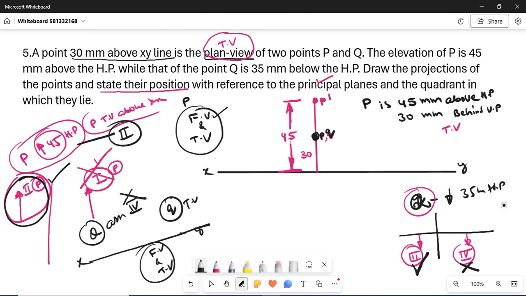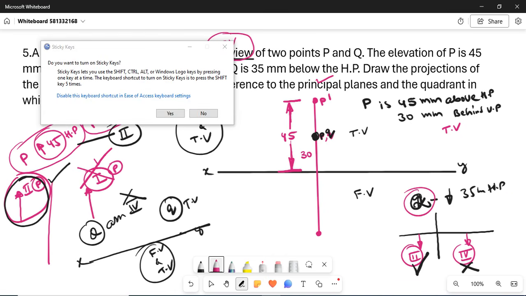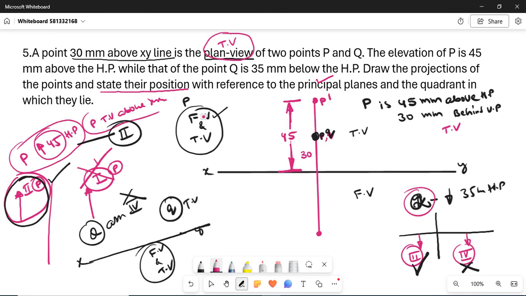Hence for the third quadrant, the Q top view is above the XY line, already marked here. But because it is the third quadrant, the Q front view will be below the XY line. Here mark the Q front view below the XY line. The name of this point will be Q dash, the front view, because it is the third quadrant.